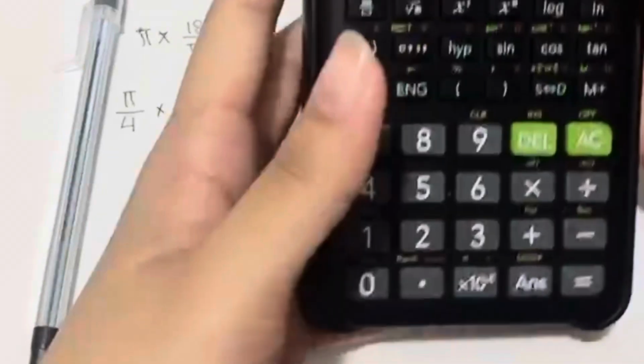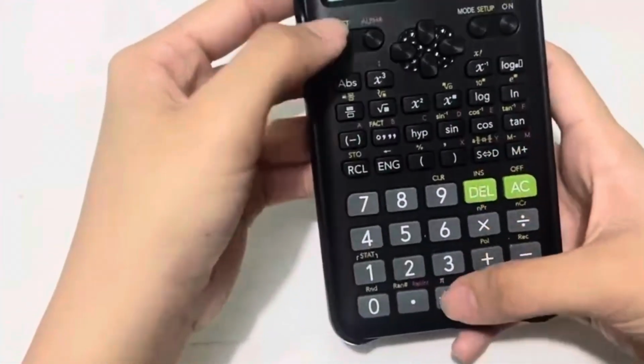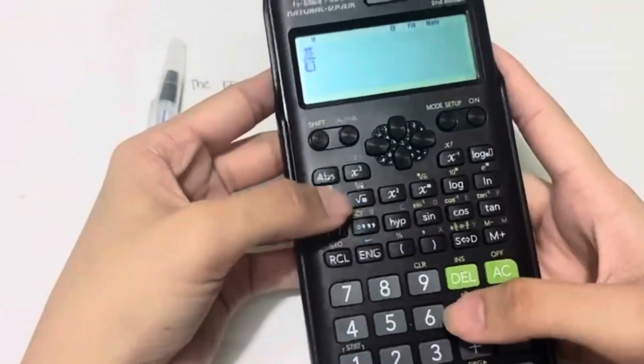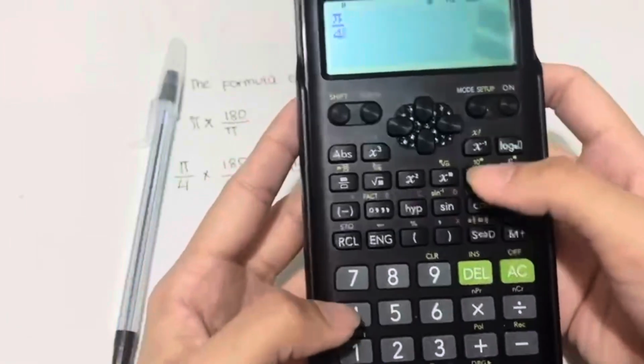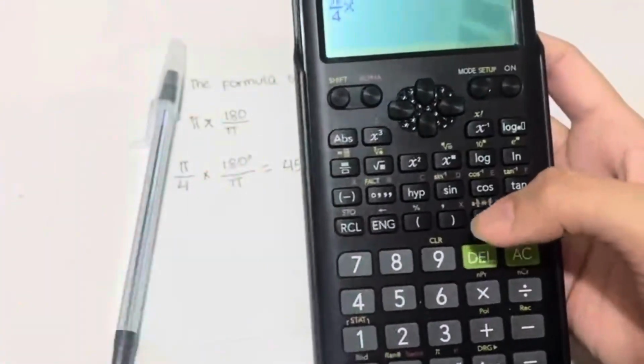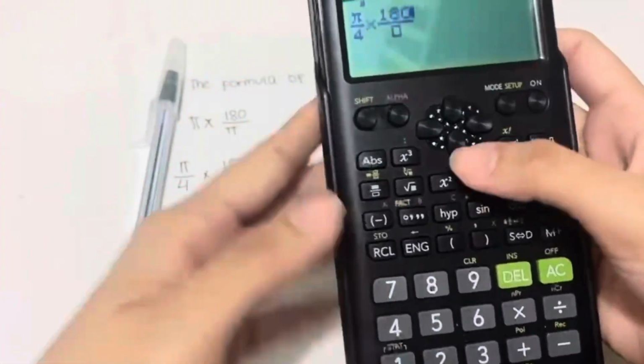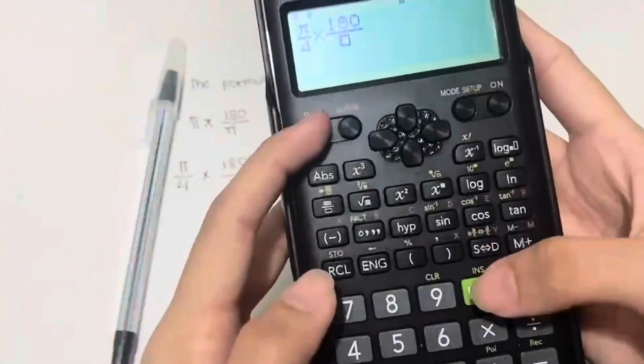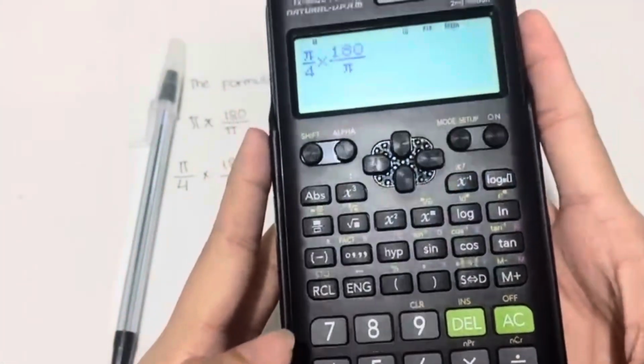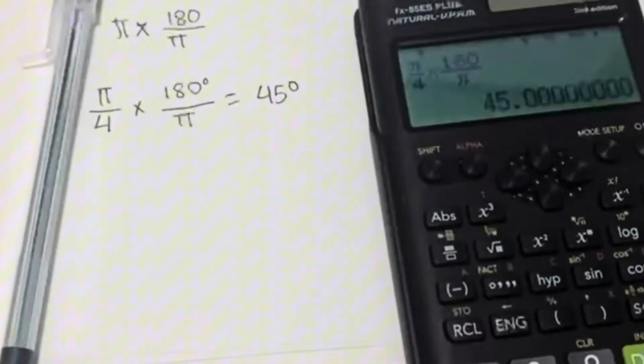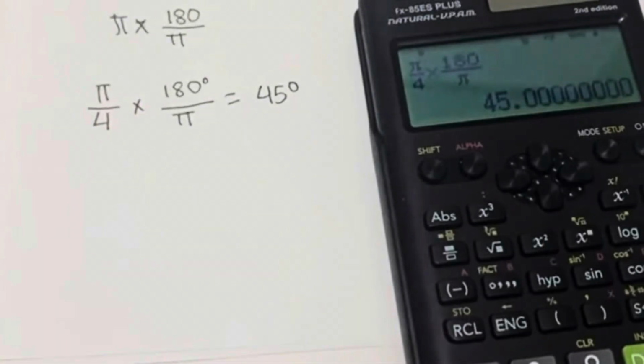Let us check. Pi over 4 multiplied by 180 degrees over pi is equal to 45 degrees. That's why 45 degrees is the answer.